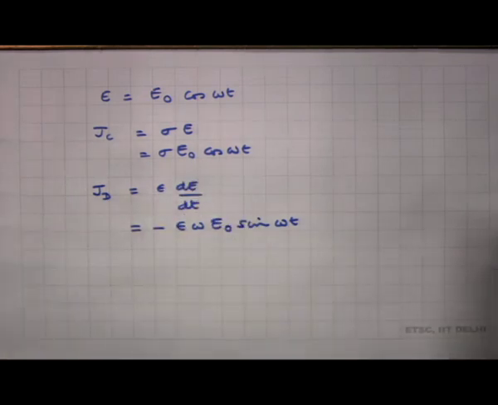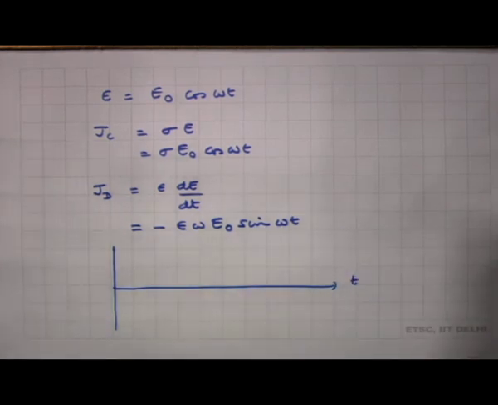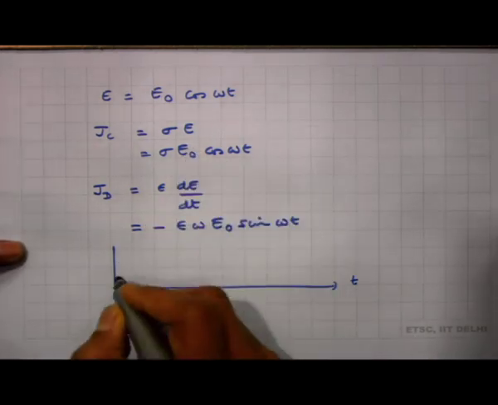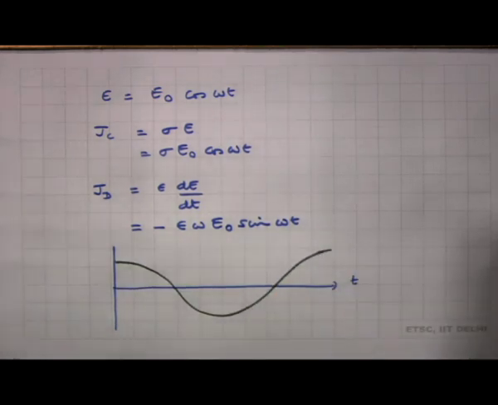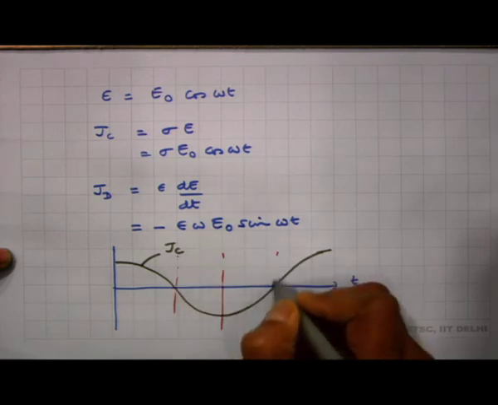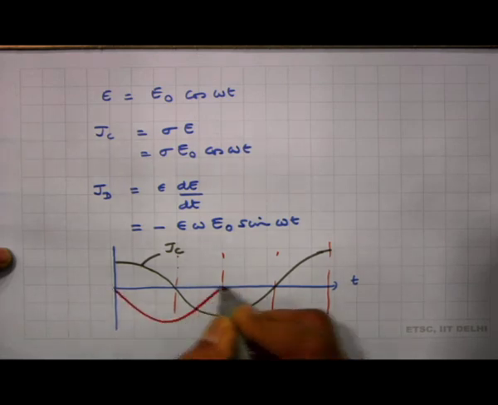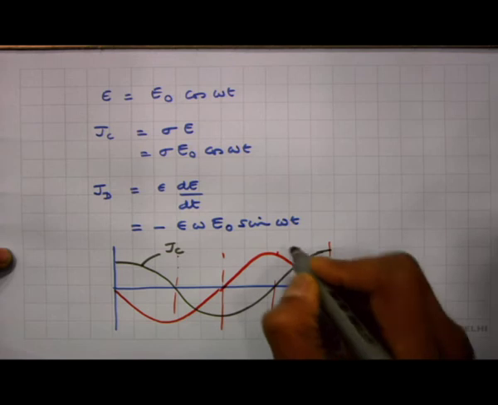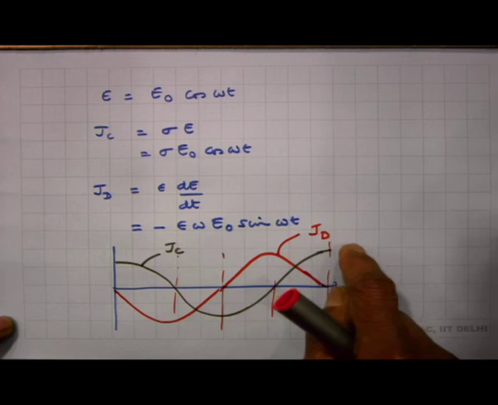So, if I plot as a function of time, first the conduction current, which is cos omega t, for one cycle, and then the displacement current, which is minus sine.